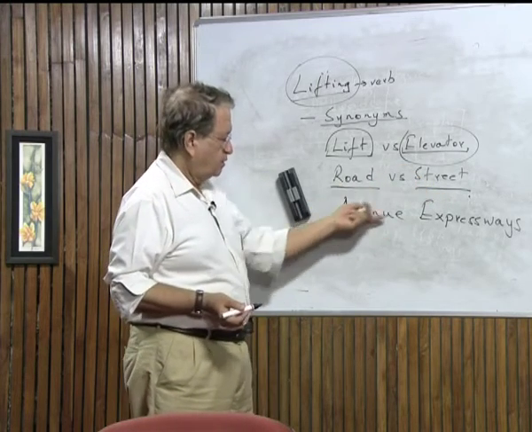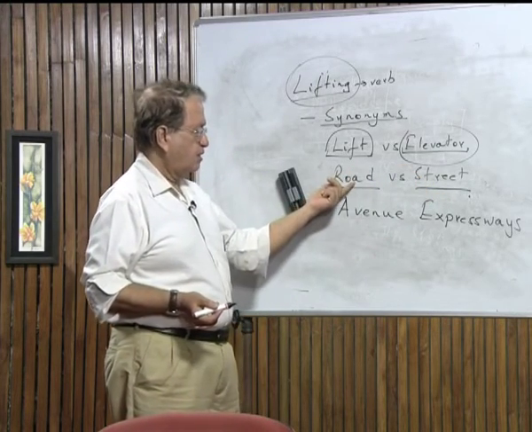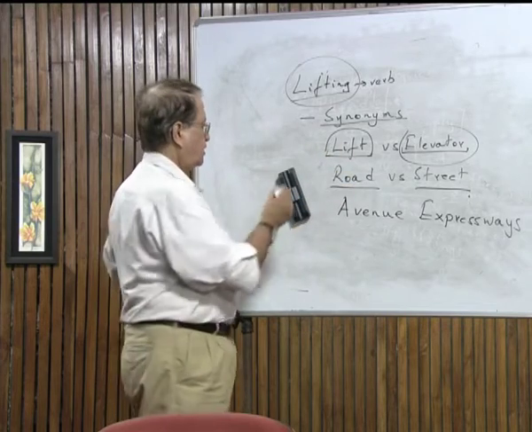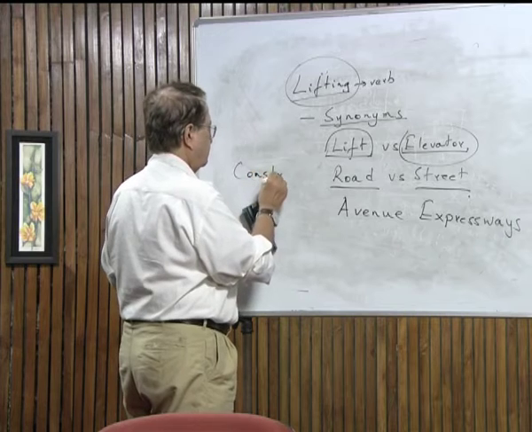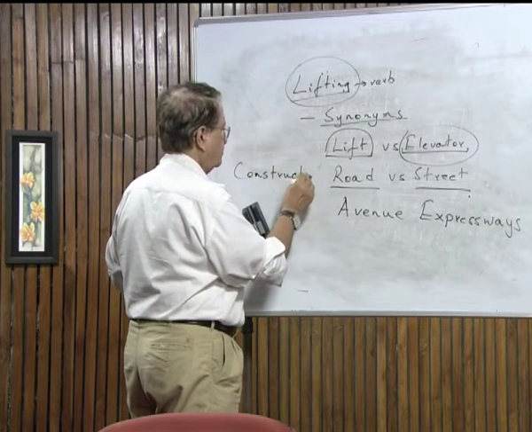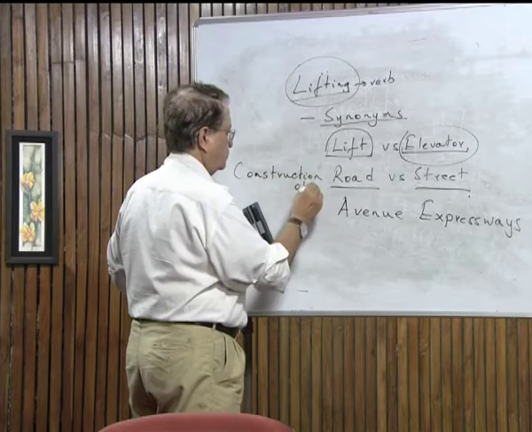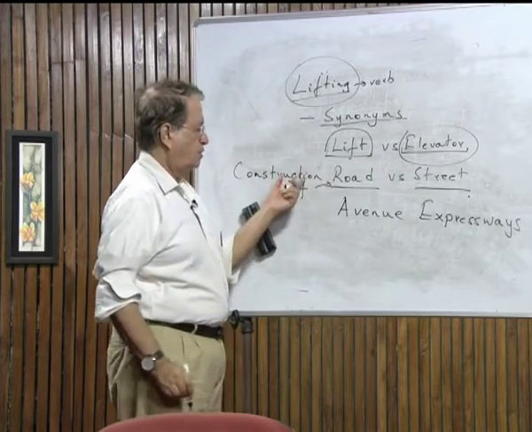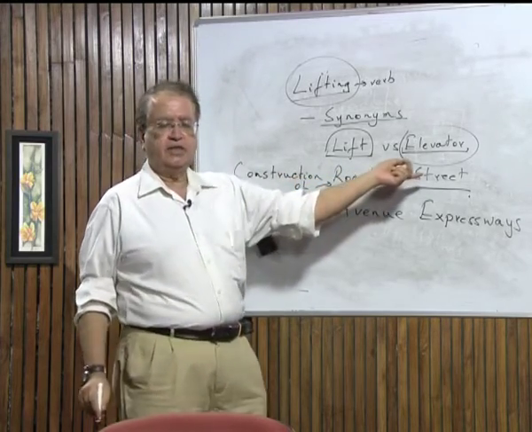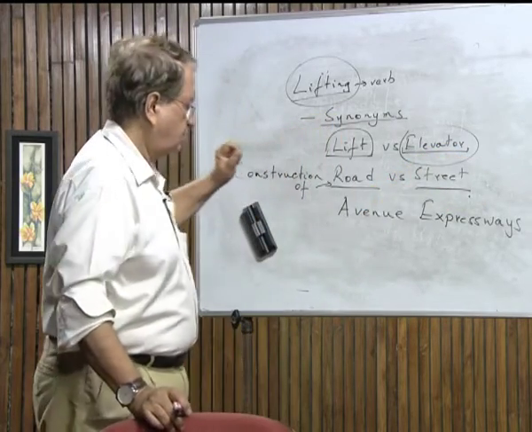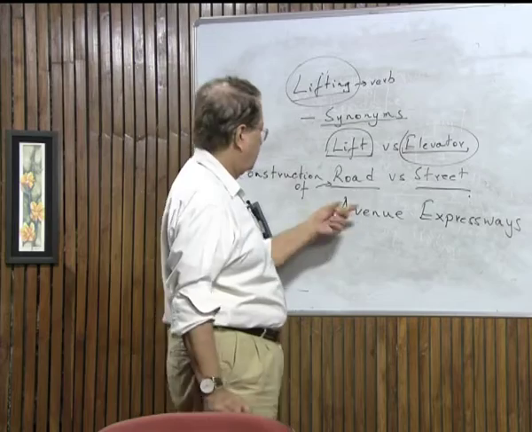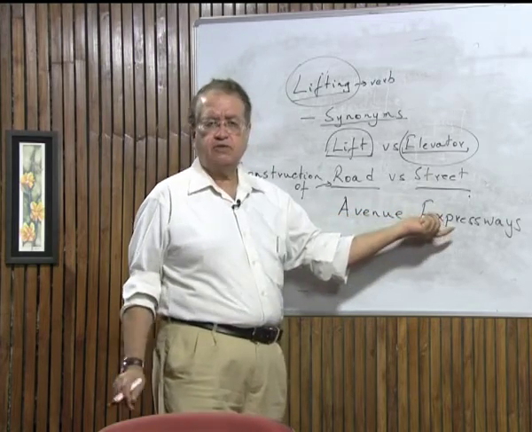So, if you are looking for, let us say, construction of roads, so you are not going to retrieve material which deals with construction of streets, not going to retrieve material which deals with construction of avenues or construction of expressways.